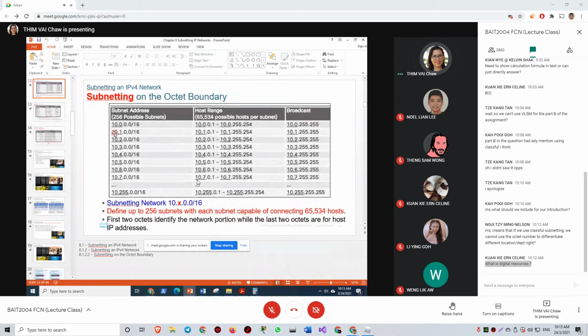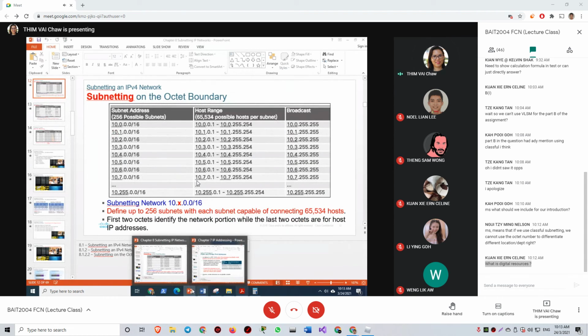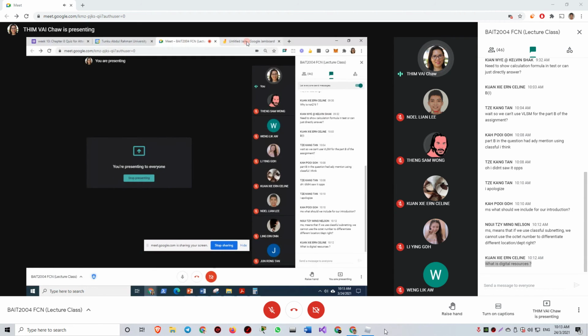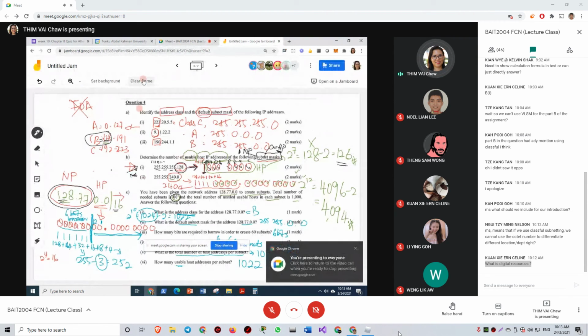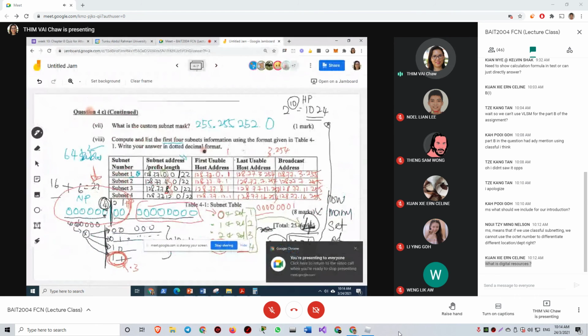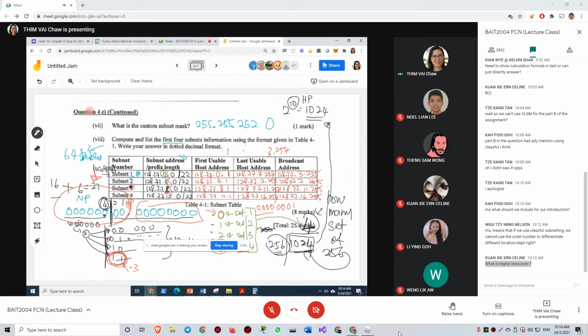Let's say we created this subnet, and this address we use for location A, and this subnet we use for location B. It is possible, but you must think carefully.